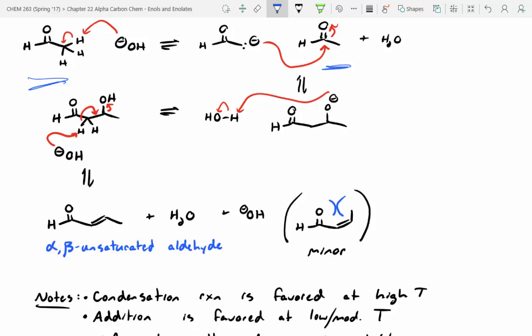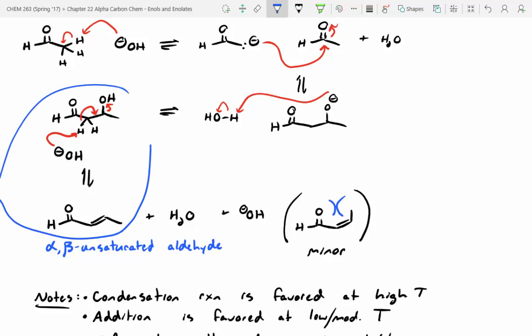And at the end, I only have 1 organic product, water and hydroxide. So yeah, I would count the moles of it. So you're correct. You're saying there's basically 2 moles going in plus catalytic hydroxide, and you get 2 moles out plus catalytic hydroxide. However, what I guess I should have specified was I was looking at this last step right here. Why is this entropically favorable?